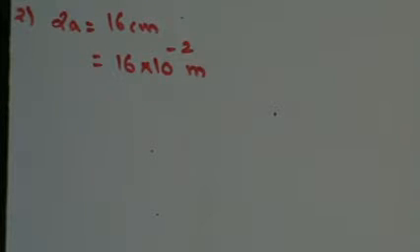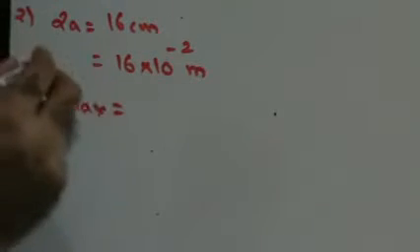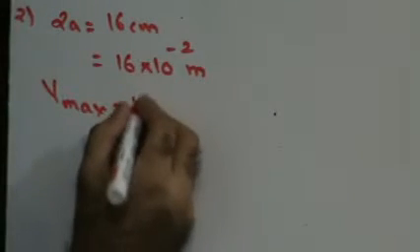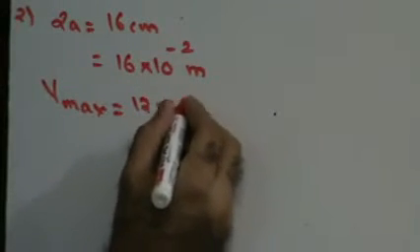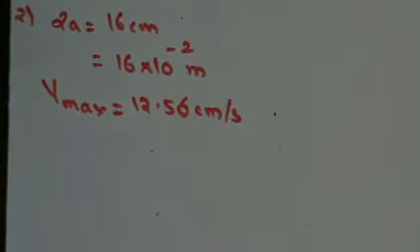If its maximum velocity is 12.56 centimeters per second, calculate the period.